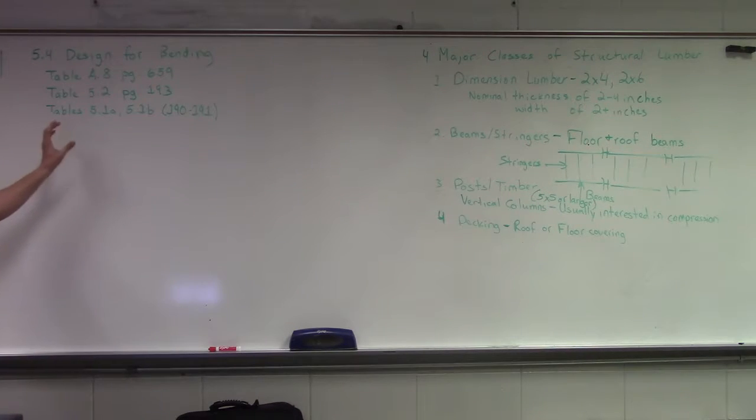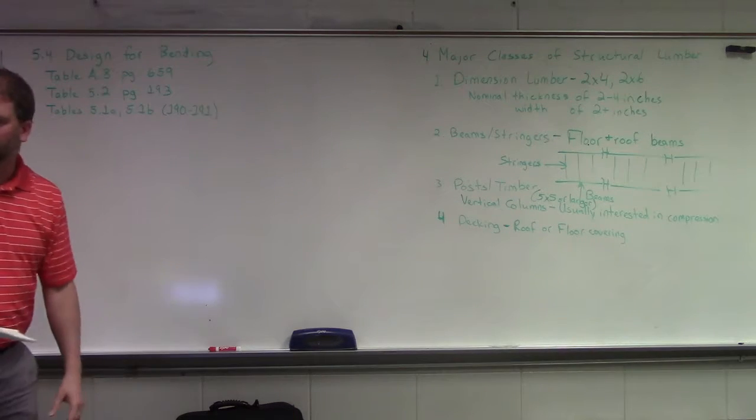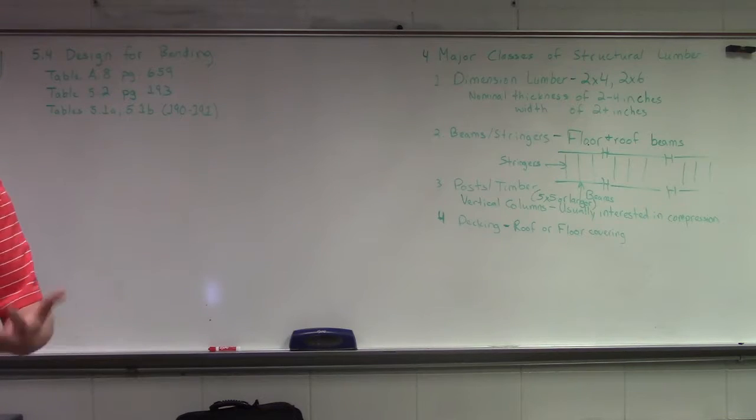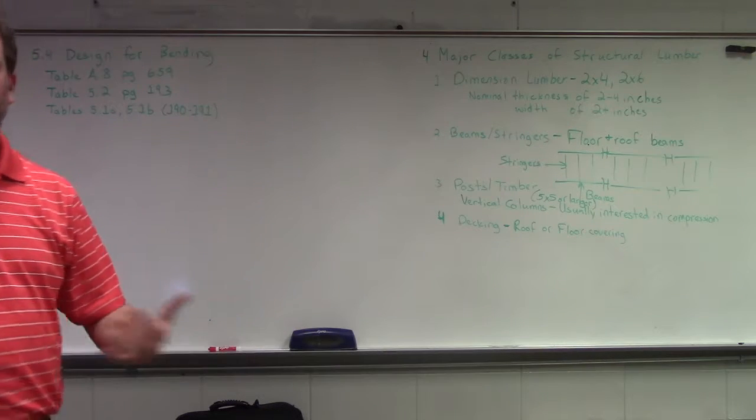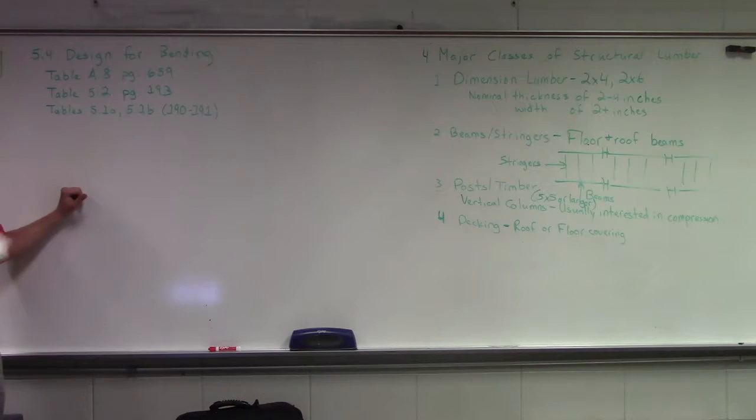The different material types: 5.1A is a Douglas fir, 5.1B is a hem fir. So just the type of material that you're using. We could also look at things like oak and maple. It's just fir is what he chose for this book.